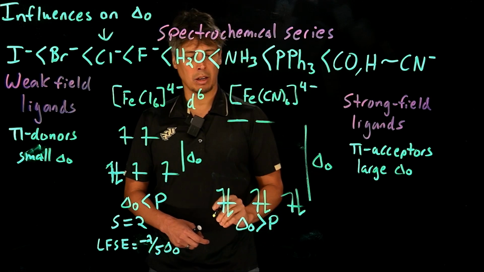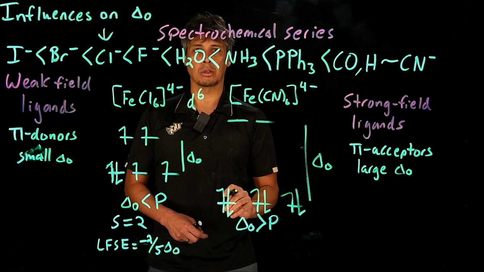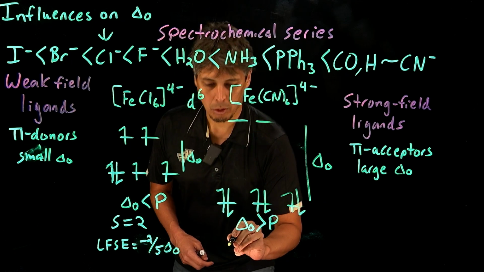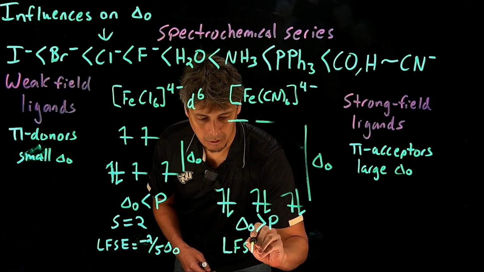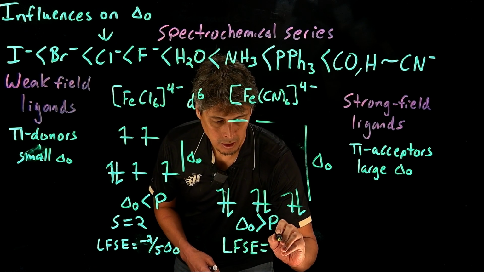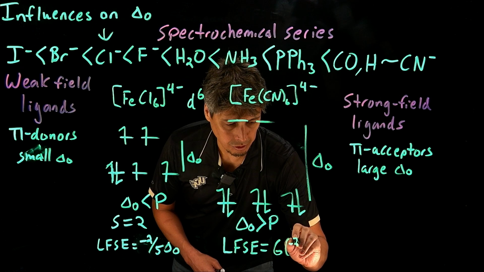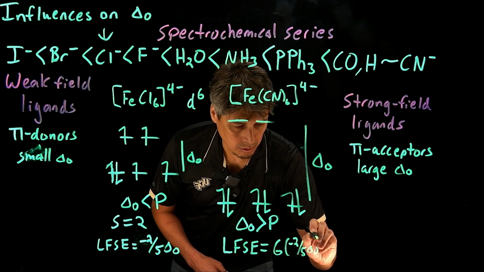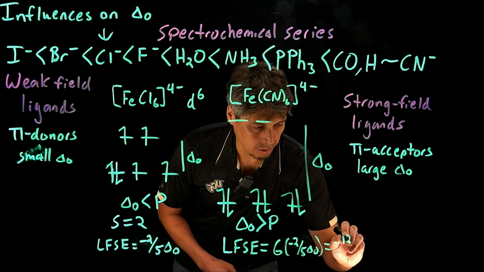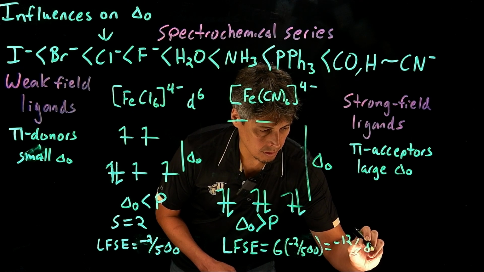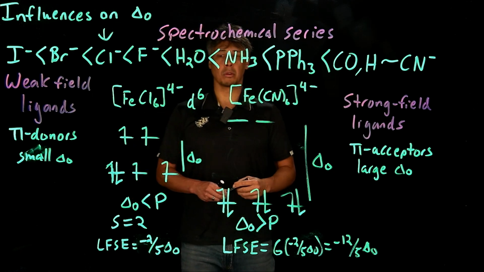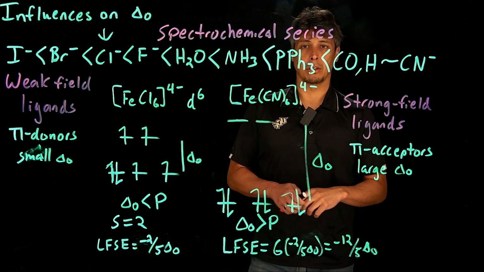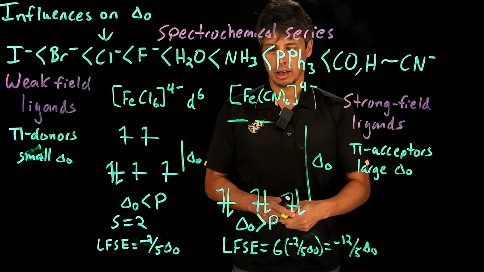And so we have 6 electrons in the t2g orbitals, which means we have an LFSE of 6 times -2/5 delta O equals -12/5 delta O.